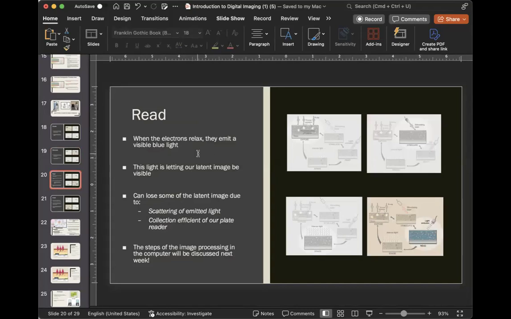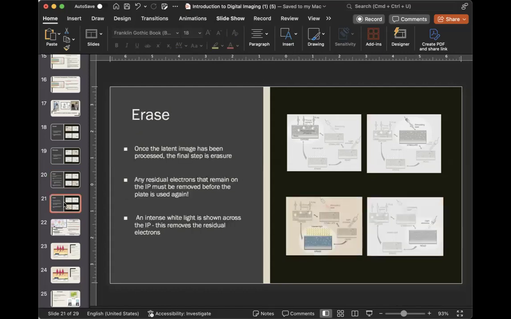That light is picked up by what's called a photomultiplier tube, and that light is letting our latent image be visible. Okay. In this step, there can be a lot of loss of information because the light is being released. Is our photomultiplier tube picking up the information? All right. So this is where some information can be lost.